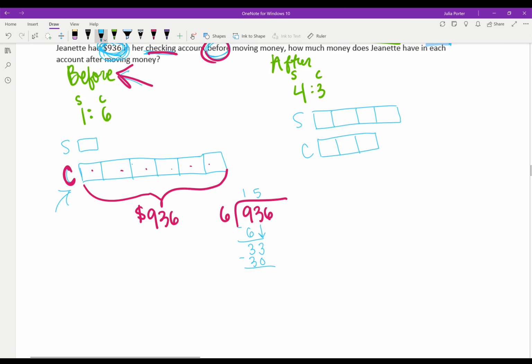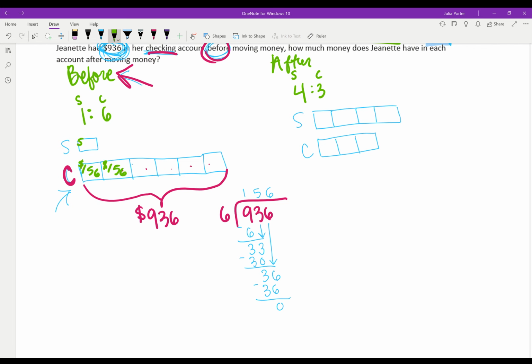I'm going to subtract, and I'm going to get 3 remainder. Bring down my trusty little 6. 6 goes into 36, 6 times with 36 evenly. So that means that if I split my 936 into 6 even sections, each box is $156.